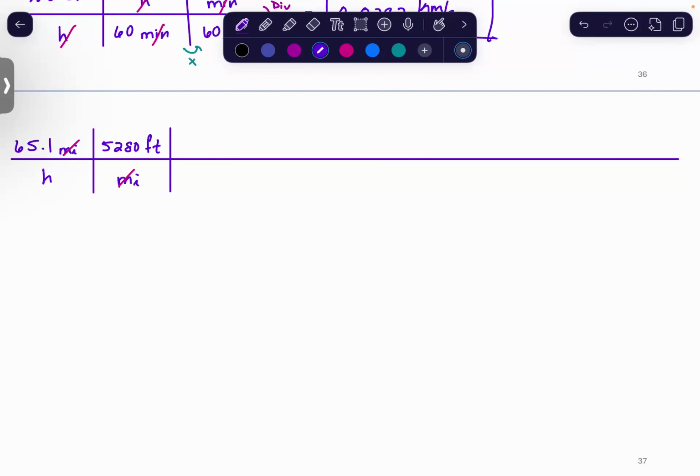Let's see. I need to get rid of feet, so 12 inches in 1 foot. Feet divide out. Okay. 2.54 centimeters in 1 inch. Inches divide out.